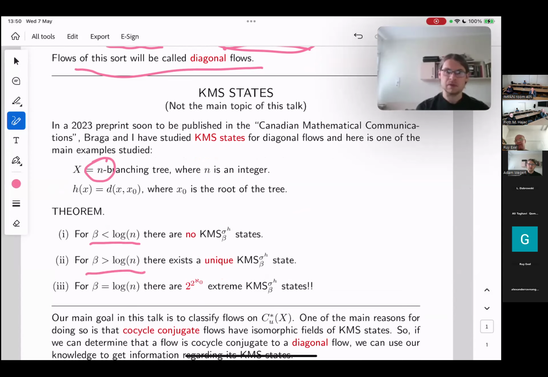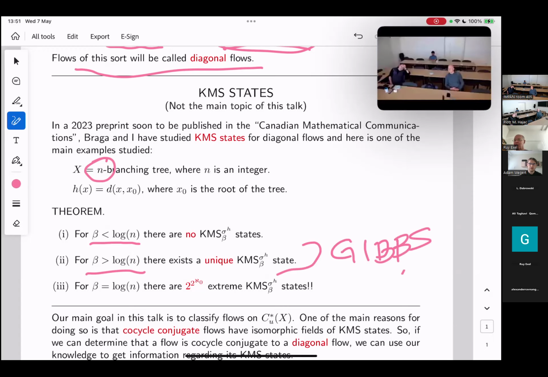For beta bigger than the critical temperature log n, there is a unique KMS state, and that KMS state turns out to extend to the whole of B(H), giving a normal state, and it turns out to be precisely the Gibbs state.